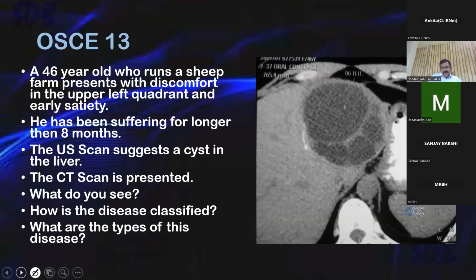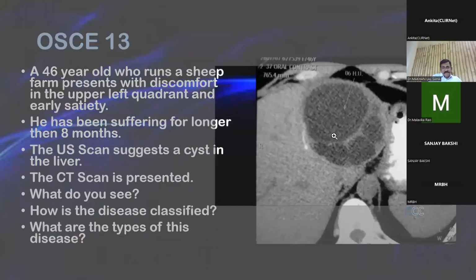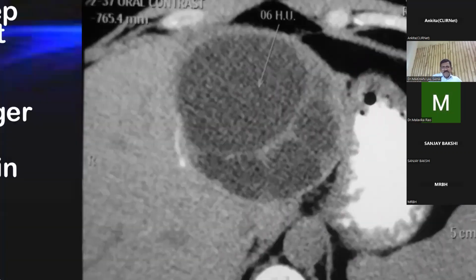It's close to the stomach, so it might be in the left lobe. Left lobe of the liver, sir. What do you see? How is the classic appearance of the cyst? First, you have to describe.